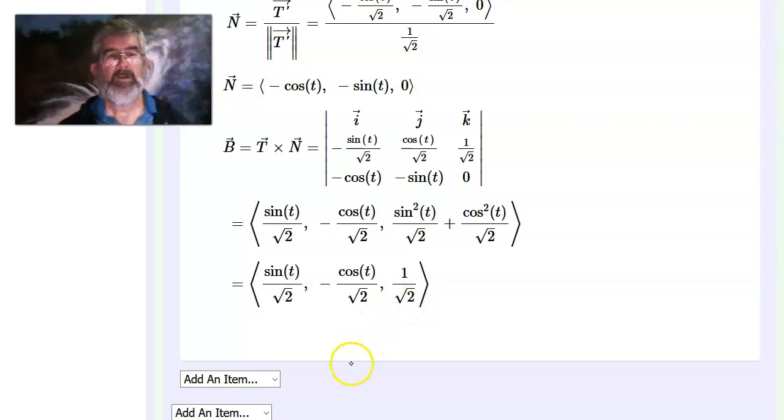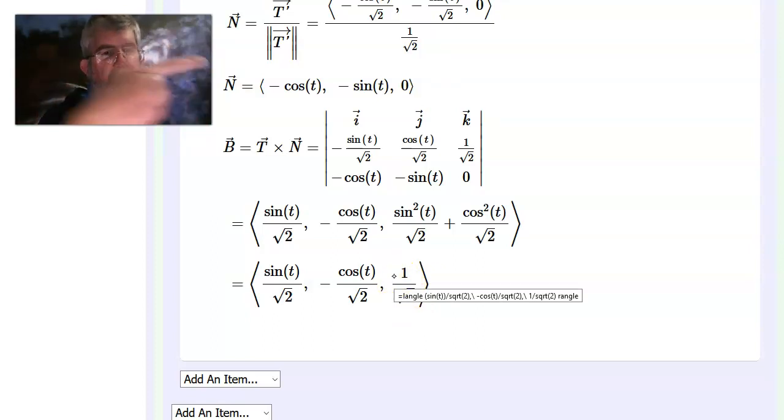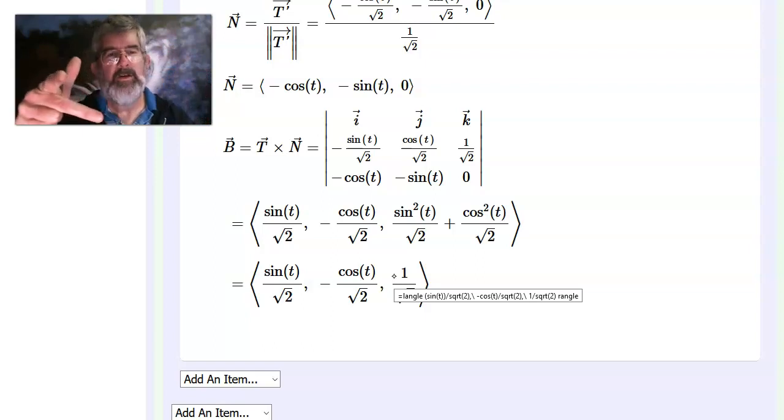Okay. So this is interesting in that the binormal vector always has, in this case, a constant z value. So as you're going around that helix, because the helix is heading uphill a little bit, you can tilt that whole thing back.